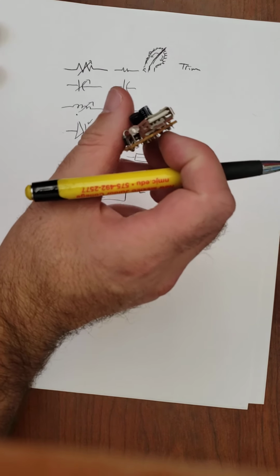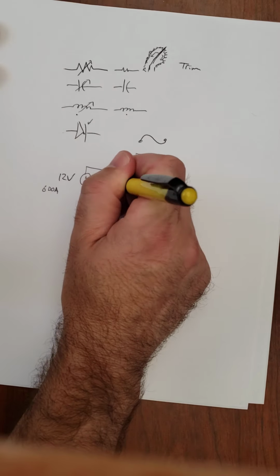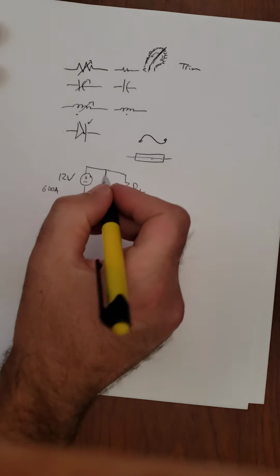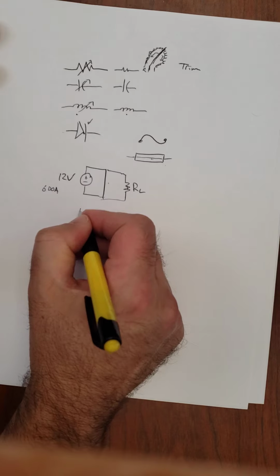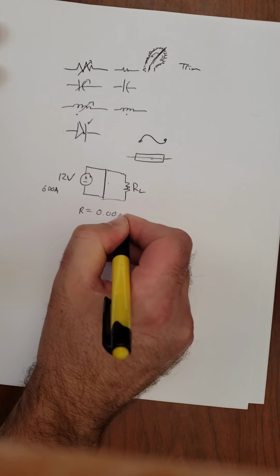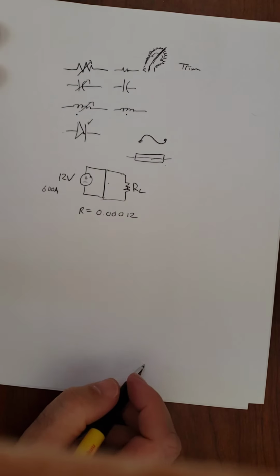Now, suppose I'm a little kid and I shove a penny in the USB spot. Well, really what that does is that. So now I have 12 volts. Maybe the resistance of that penny is something like that.